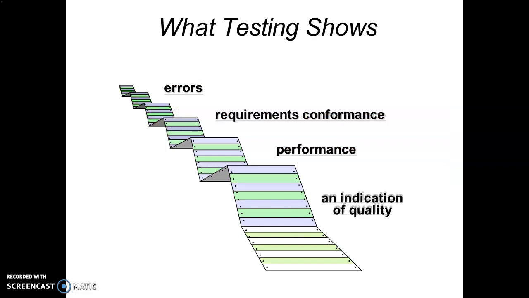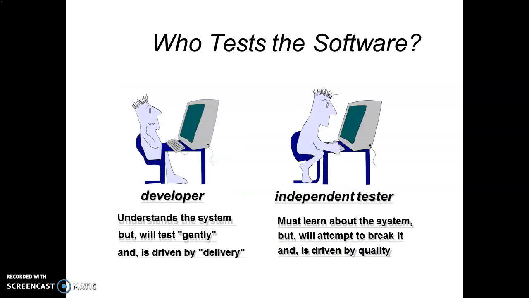So what does testing show? Once we test the software, it shows what type of errors remain in the software, whether requirements conformance is done or not, whether whatever requirements were stated by the customer are all implemented or not, the performance of the software or system, and an indication of the quality of the software.